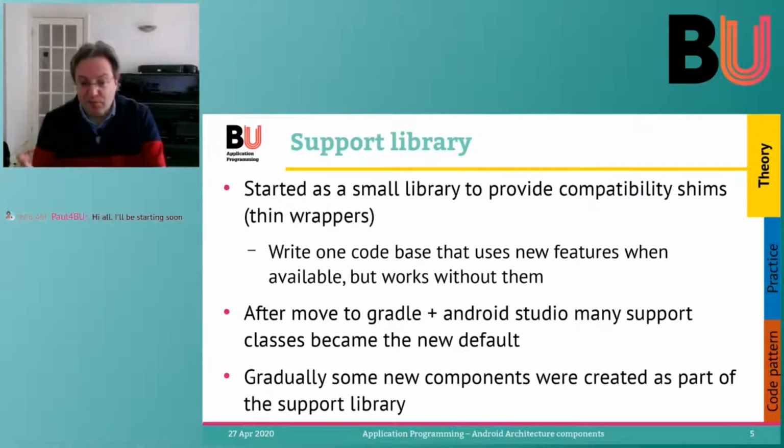Recycler view was developed as an improvement on list view, which is in the framework, but it was not part of the framework because they wanted to fix list view, but they couldn't, because it was part of the framework and compatibility requirements, etc. So recycler view is an updated list view, but in many ways better.